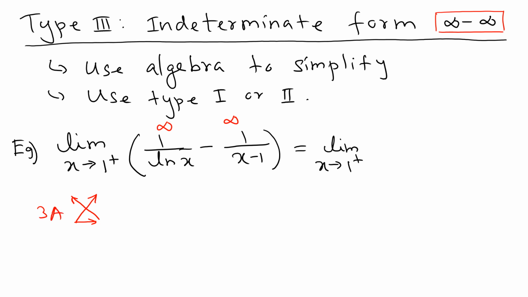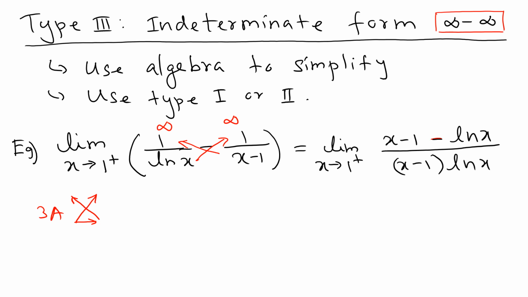So we're going to multiply these two first, so you're going to get x minus 1. And then we're going to multiply these two, so you're going to get ln x. So it's a minus ln x, and divided by the third arrow, that's the product. So it is x minus 1 times ln x.